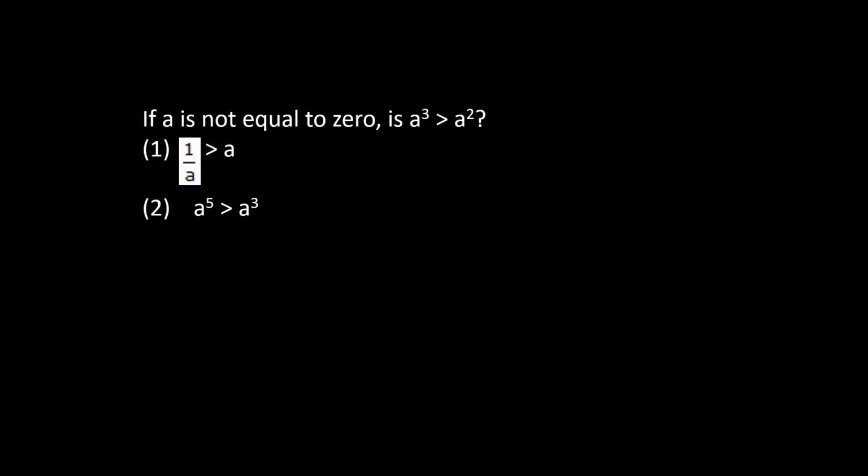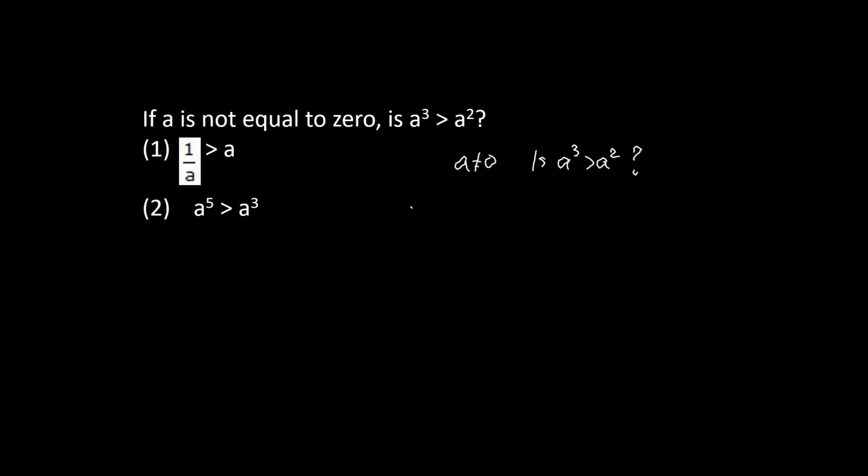So first of all, the universal statement says A is not equal to 0. The question says, is A cube greater than A square? Now in here, I feel I should simplify this, right?